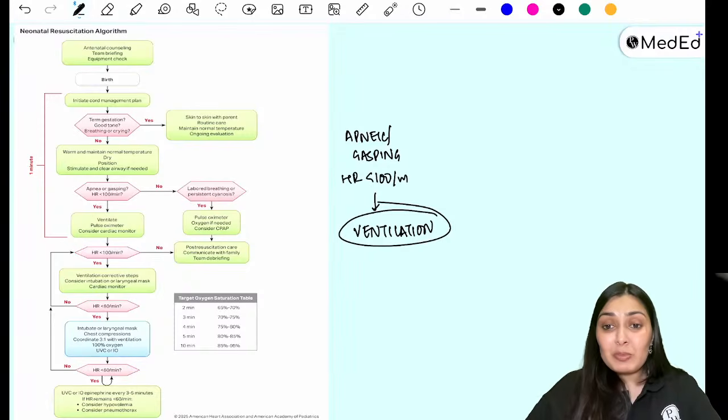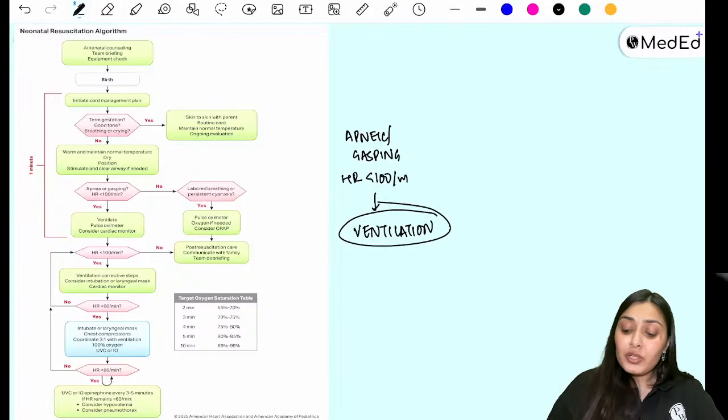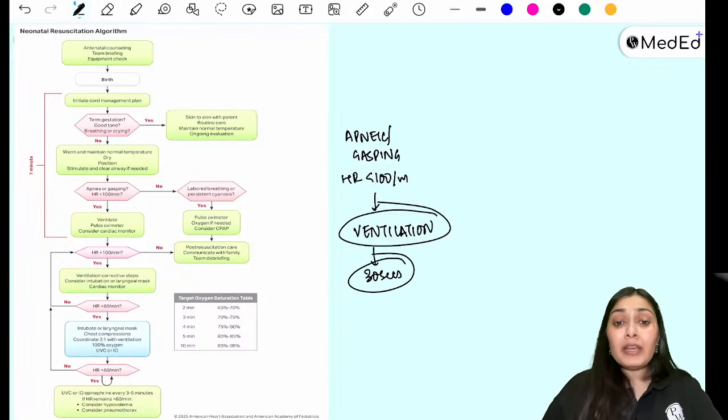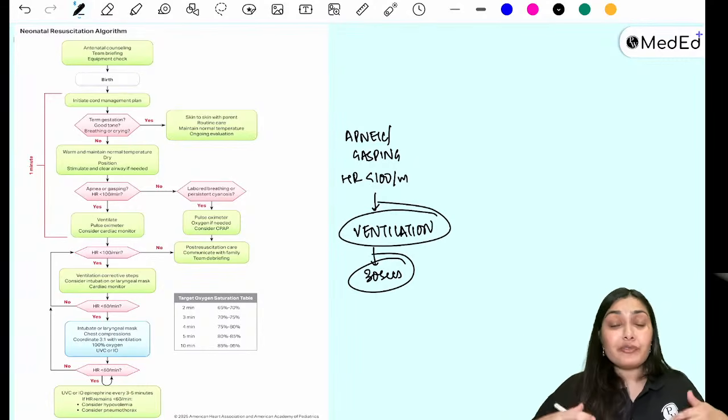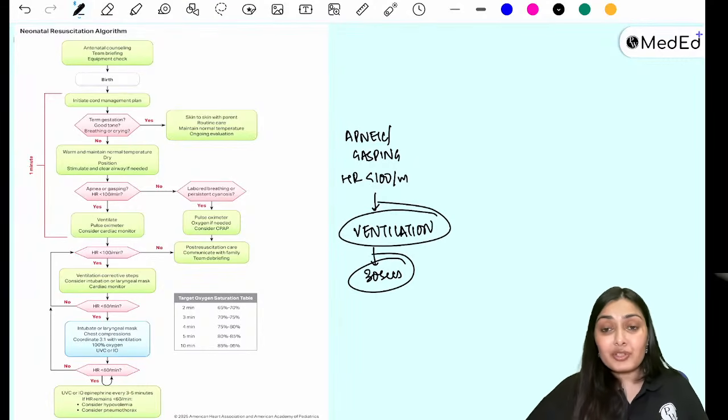Earlier we used to say PPV, positive pressure ventilation, but now the recent update has replaced this term PPV with just ventilation or assisted ventilation. So we start ventilation, and this should be started within 1 minute. That is the golden 1 minute. We go for this effective ventilation for 30 seconds, right? If this ventilation is not effective, chest rise is not there, you go for ventilation corrective steps.